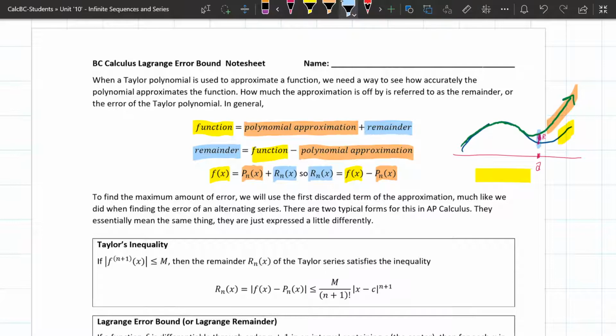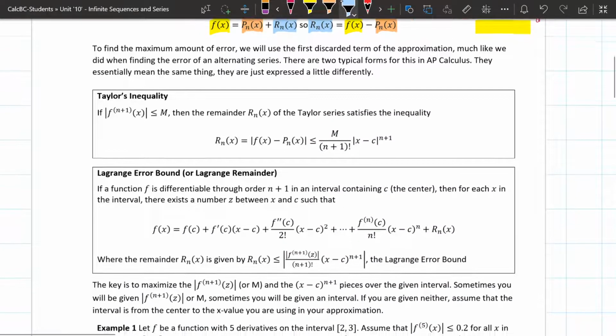The big idea for this section is barely different than what you've already done with finding the error in a Taylor-Maclaurin polynomial for an alternating series or for sine, cosine, exponentials and natural logs. It's looking at that next term after the partial sum that you're using as your approximation, as your error.